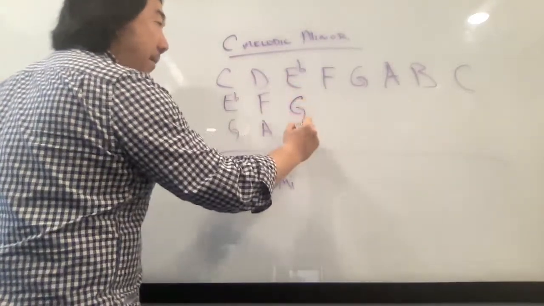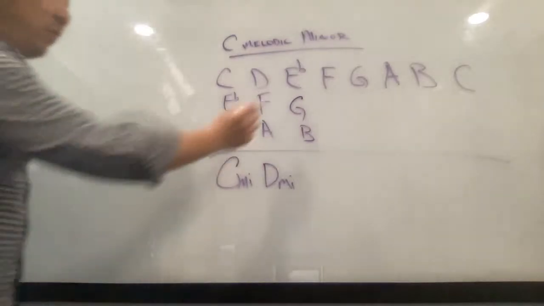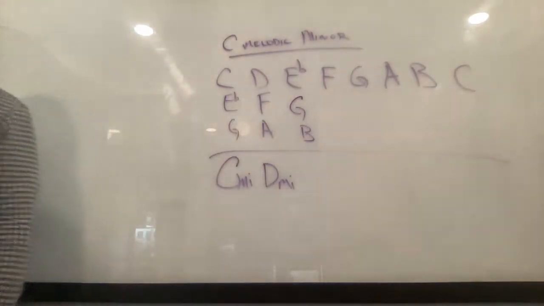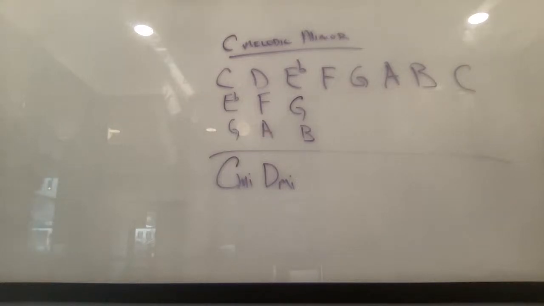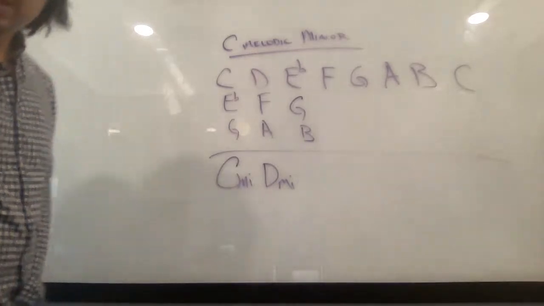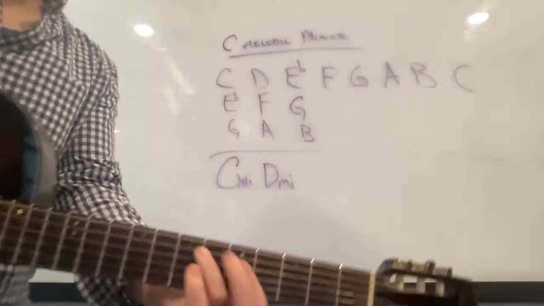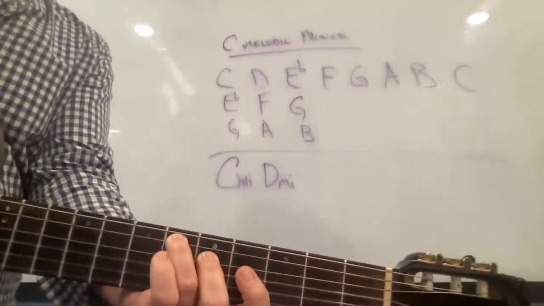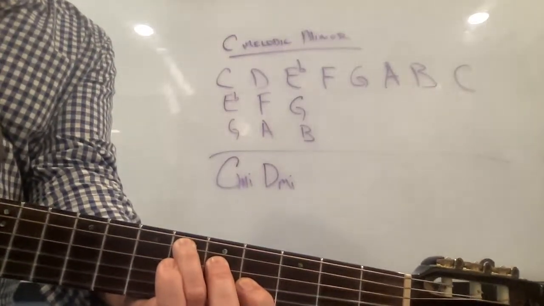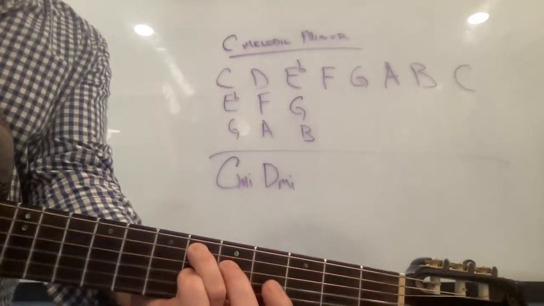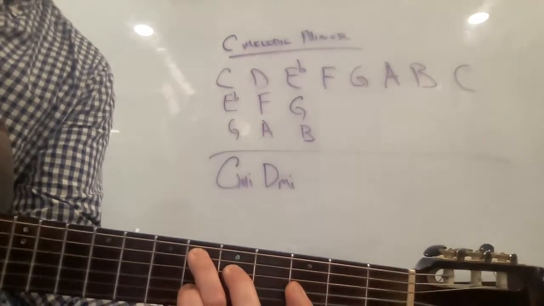E flat, G, B. I'm going to let you tell me in the comments, what triad is that? Play it. E flat, G, B. Here's E flat major.